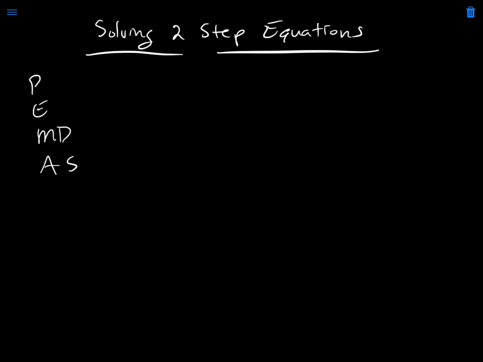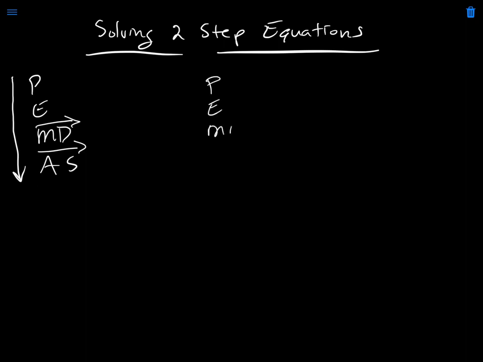So remember with PEMDAS, typically we go from the top, which is parentheses, exponents, multiply, divide from left to right, and add or subtract from left to right. However, because we are doing algebra now, we're going to have to find a way to undo all of that.